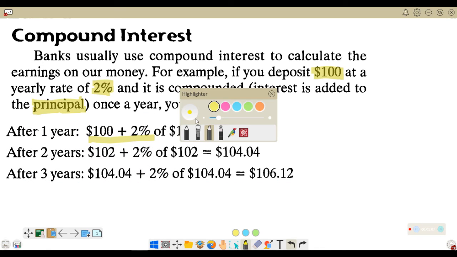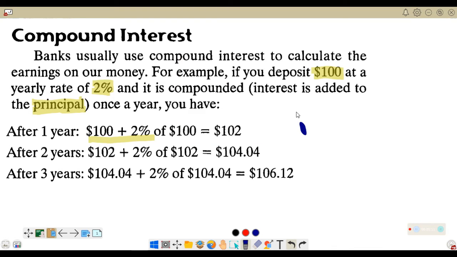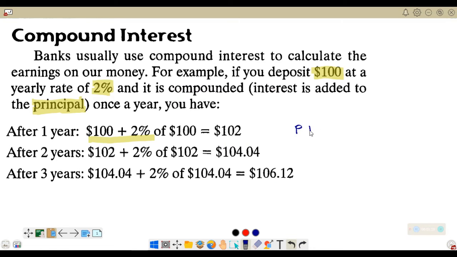You're going to make use of the formula: principal plus your interest. And what is your interest equal to? Your interest is equal to PRT, or the principal times the rate times the time. This is from the simple interest formula that we discussed in the previous video.